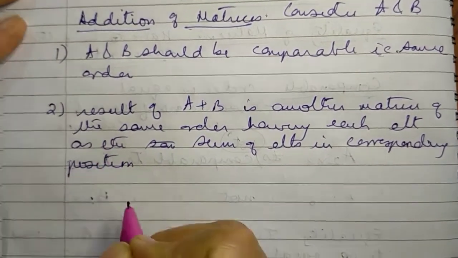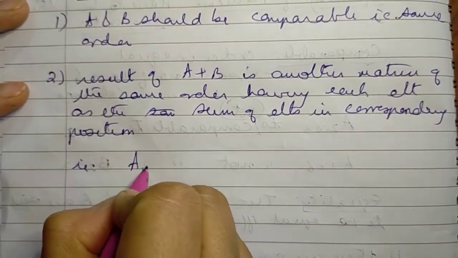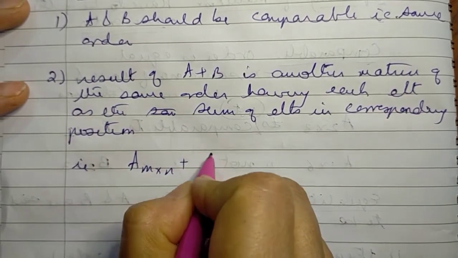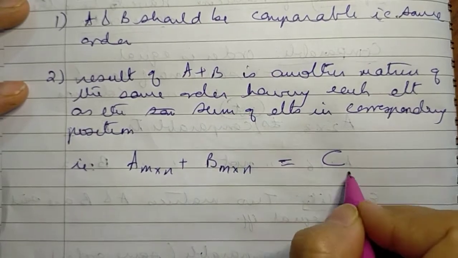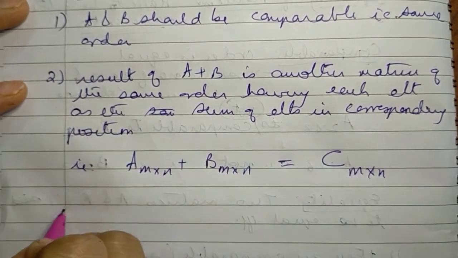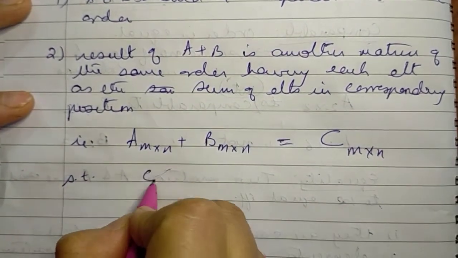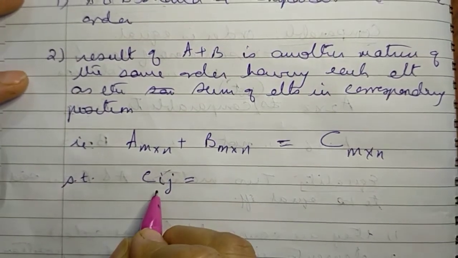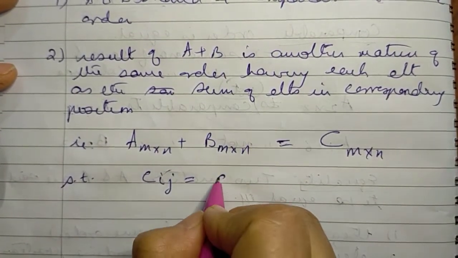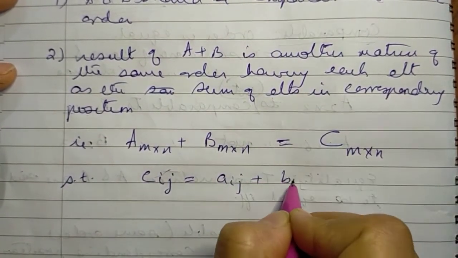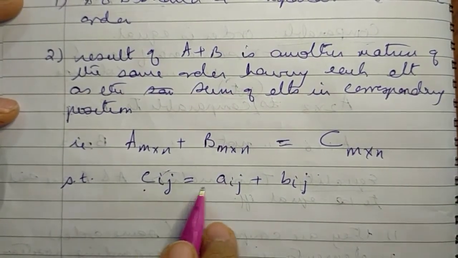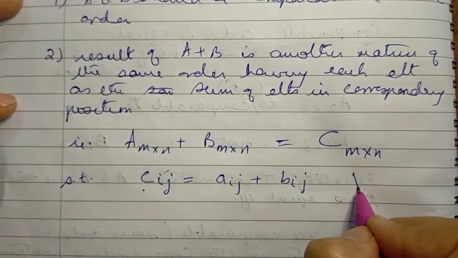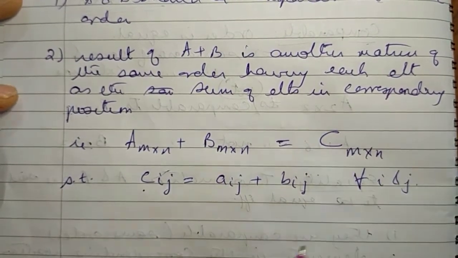That is, if you are adding A of order m by n and B of order m by n, you will get another matrix C of order m by n, such that every element of C in the position ij is equal to the sum of the corresponding elements in the position ij, that is cij is equal to aij plus bij for all i and j.